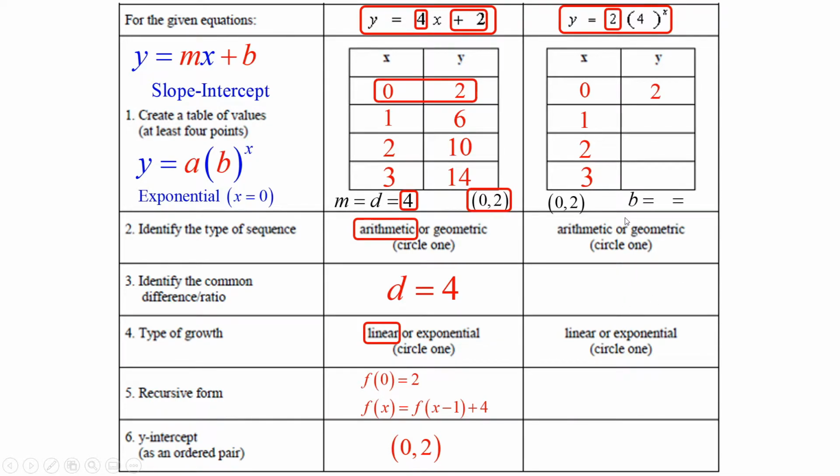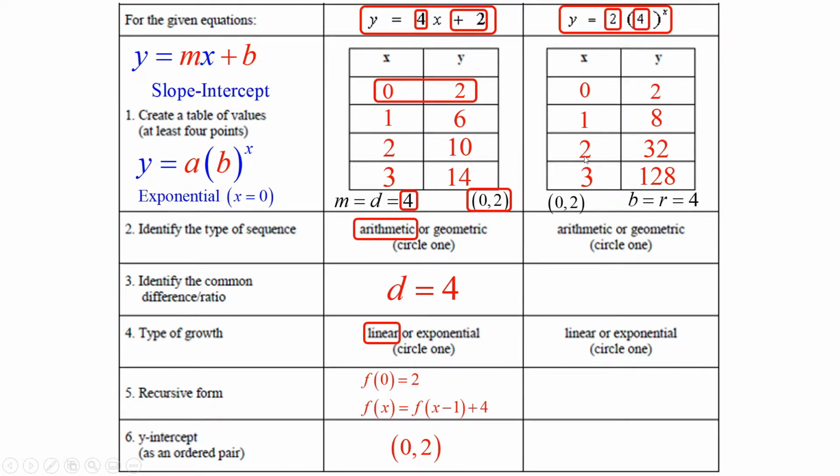And then my b is a base that's also a common ratio. And my common ratio would be in this problem a 4. So that means I'm just going to take my outputs and multiply by 4 every time. 2 times 4 is 8. Times 4 is 32. Times 4 is 128. And you could plug any of these x values right into this equation and get it that way too.